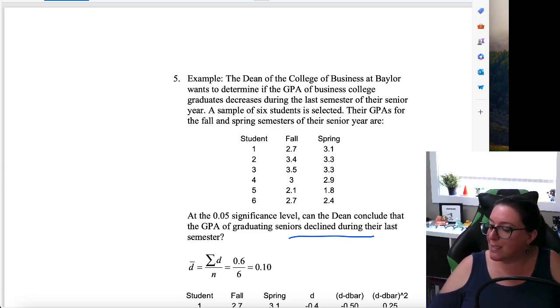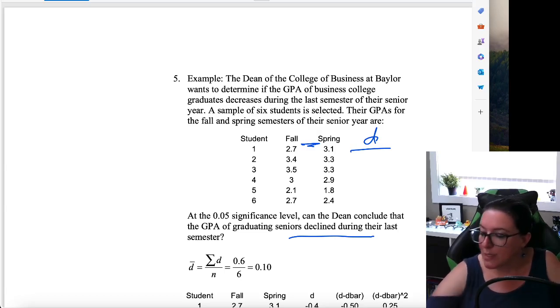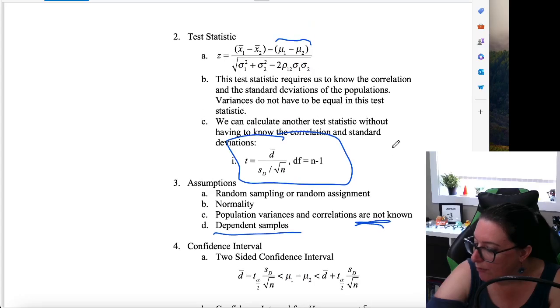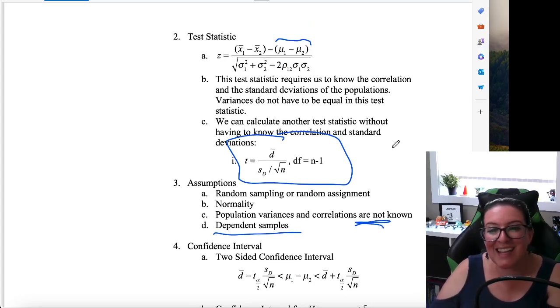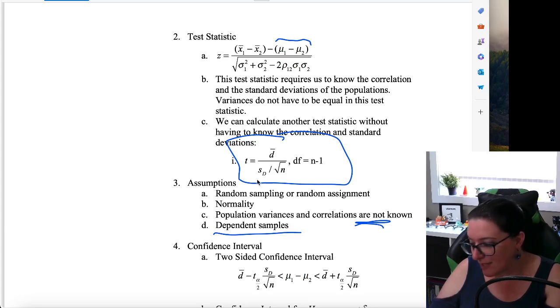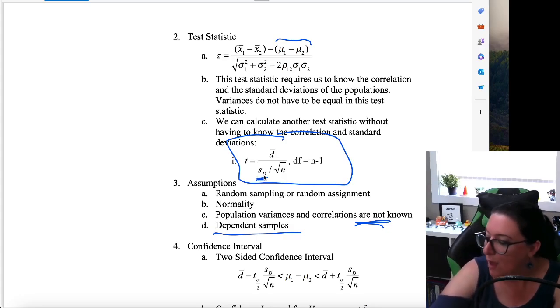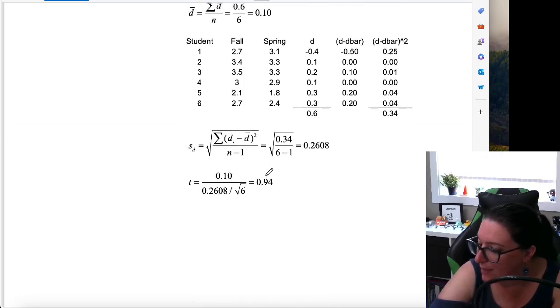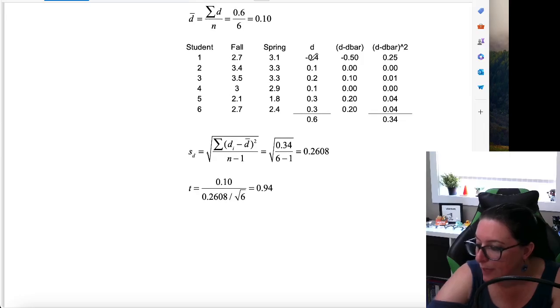So if you're doing the test statistic, you would find the difference between fall and spring, that difference column D, and then we would find the average D bar. That's what would go in our formula here. And then we need the standard deviation of the differences. That's this S sub D. So if we're doing the calculation by hand, we would calculate the difference between fall and spring, find the average difference, and find the standard deviation of that sample difference.